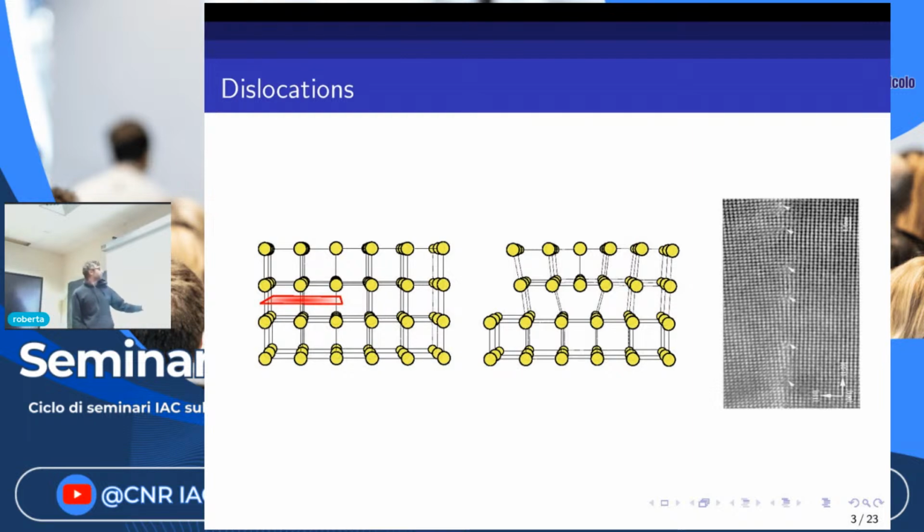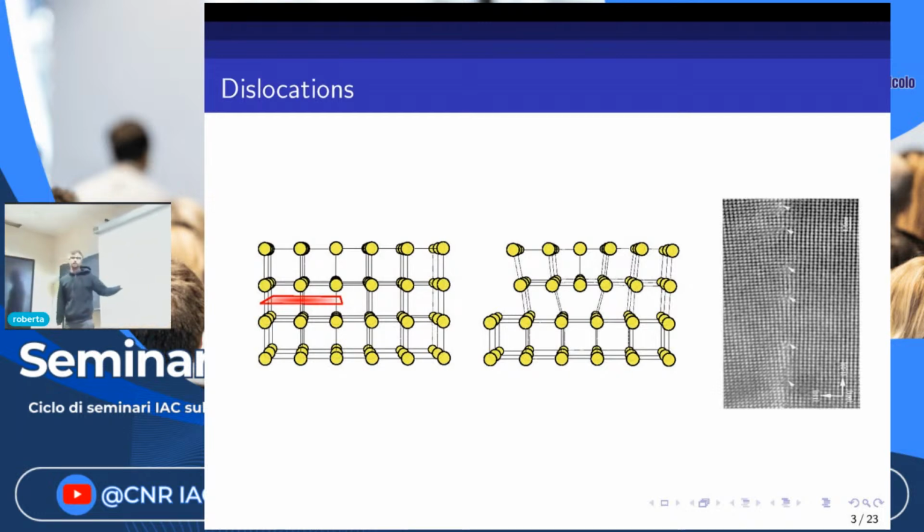A way in which dislocations are often presented is the following. Imagine to cut along a portion of a plane through a particular symmetric plane of the lattice, and imagine to push the portion of lattice above the plane until you rearrange the bonds, and finally obtain something like this.